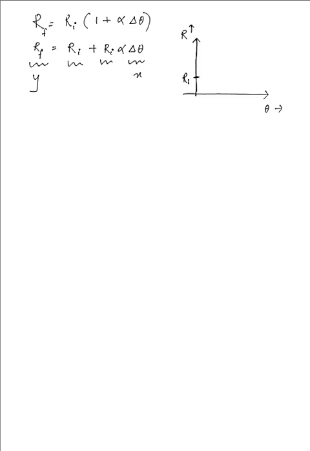As you plot this graph, you will find it to be a straight line. So obviously this is a straight line equation where you have a slope in the form of m, and you have a y-intercept in the form of Ri, that is c. So this is the y-intercept that we have obtained.